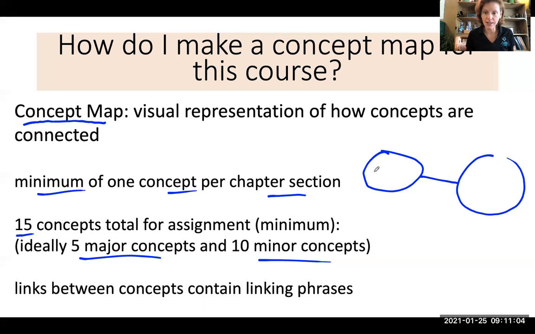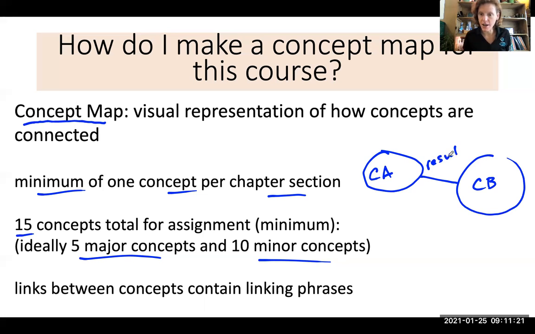So you've got concept A over here, concept B over here, and this line needs to have a linking phrase with it. And so you might say, like, concept A results in, right?